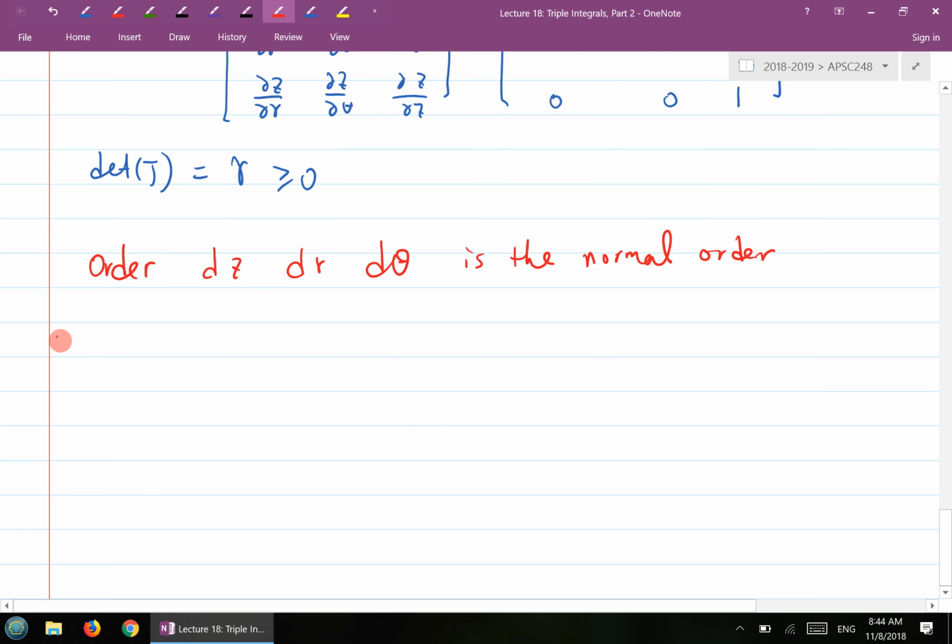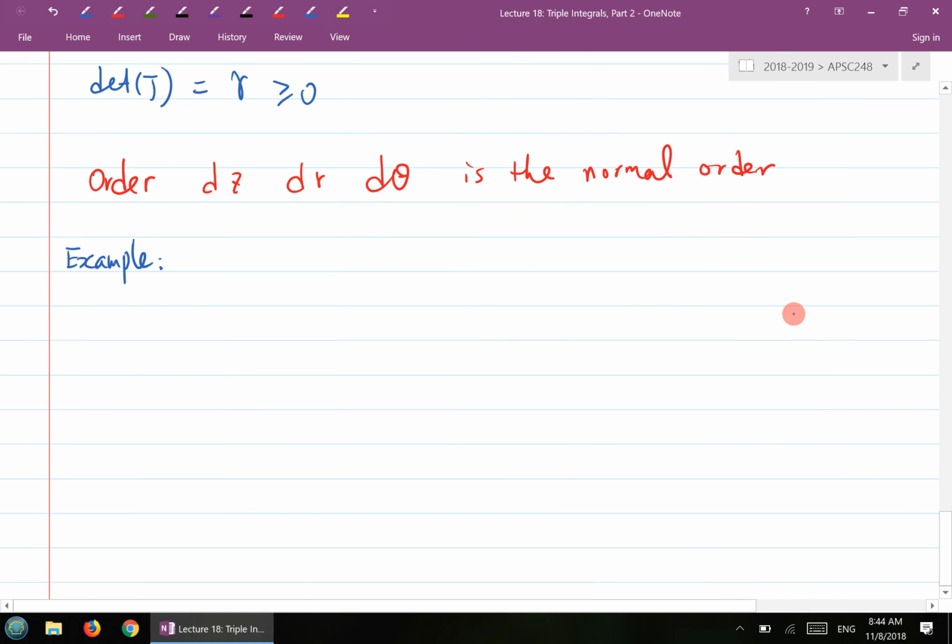So let's look at an example. I'll give you a region D, which is bounded by the following 2 surfaces.